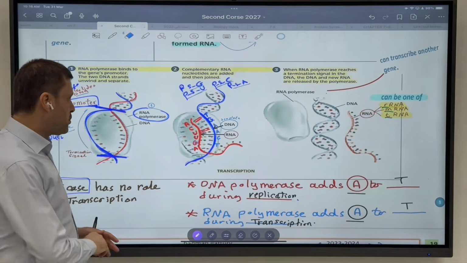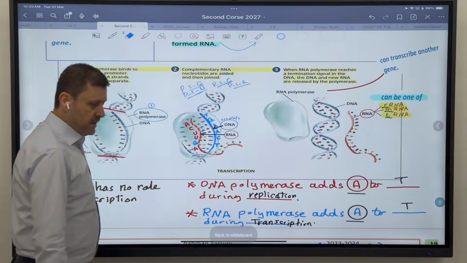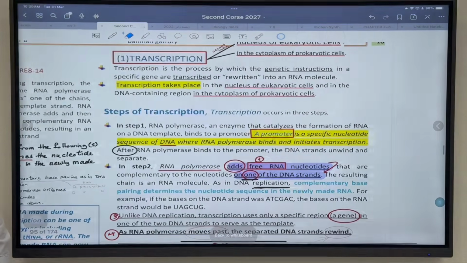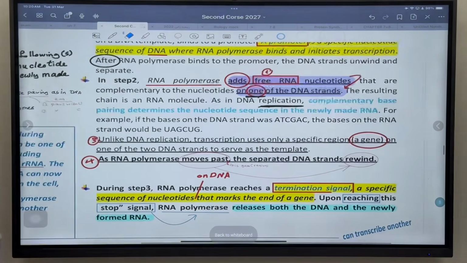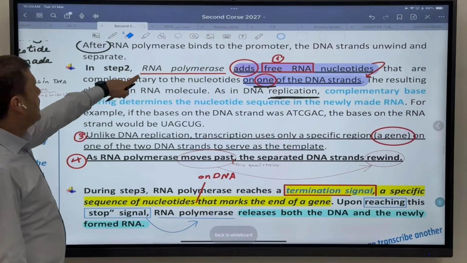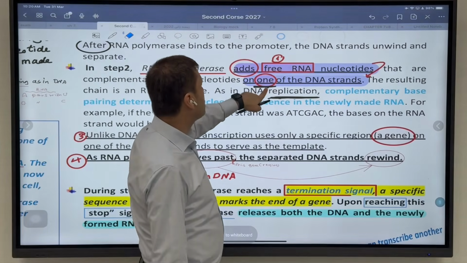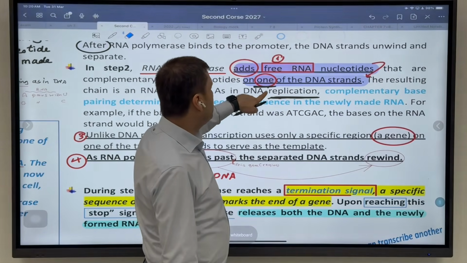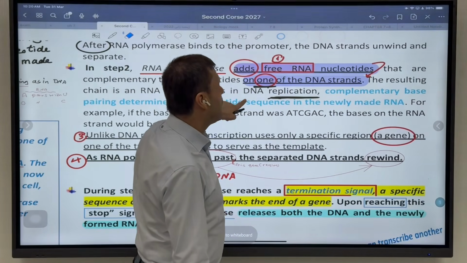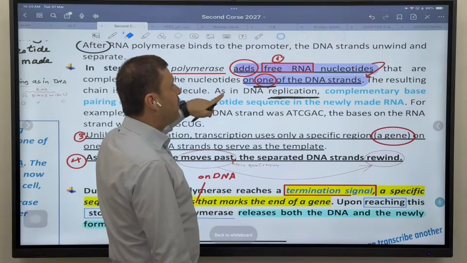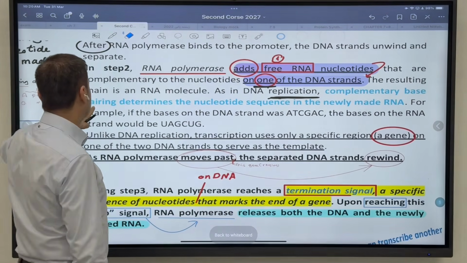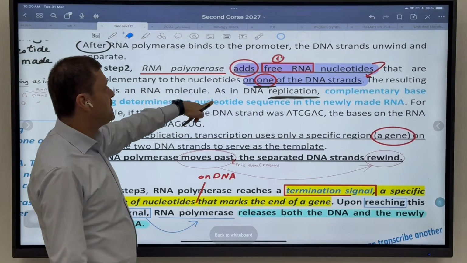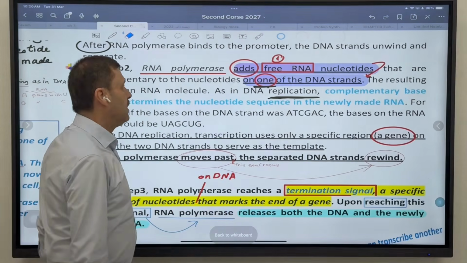First one. Two, you also have to know some other things about the process. In the second step, first, RNA polymerase adds free RNA nucleotides only to one strand. Be careful, not both. Two, during DNA replication and also during transcription, the complementary base pairing determines the nucleotide sequence in the newly made RNA.